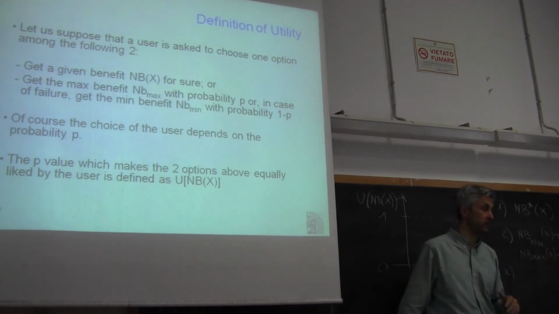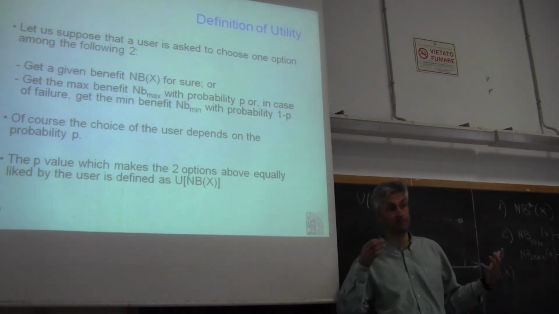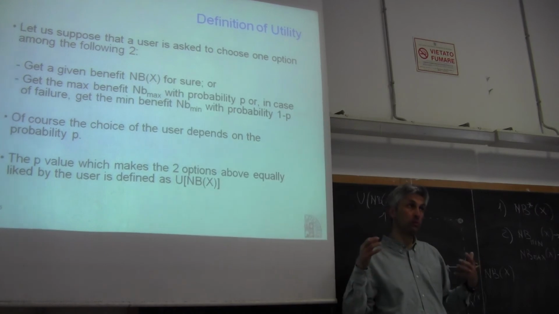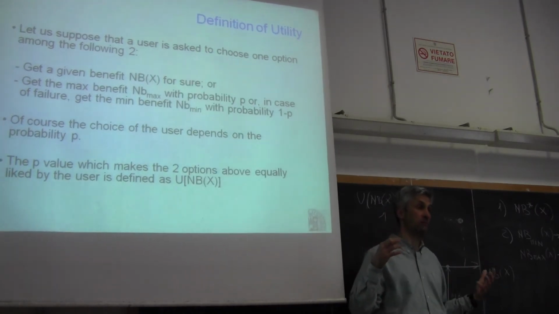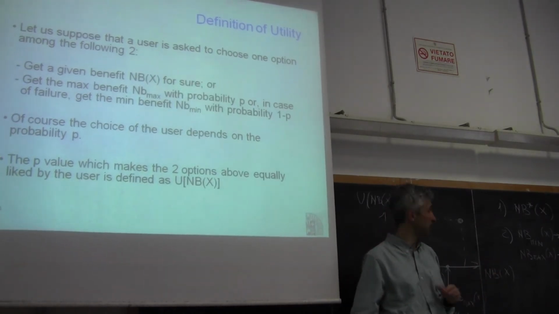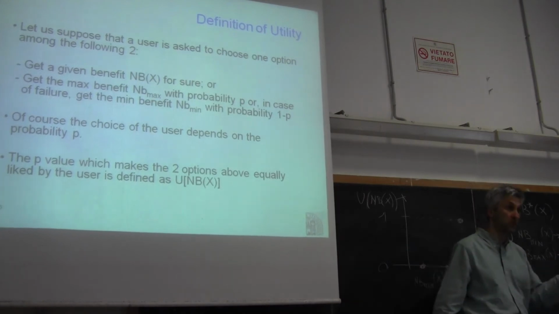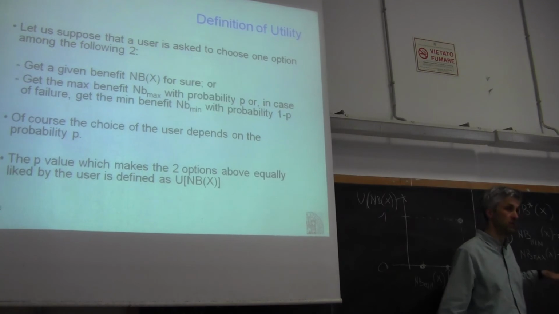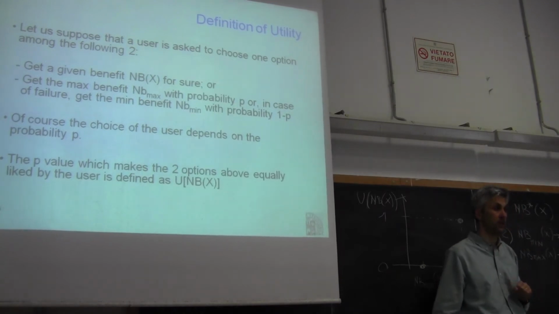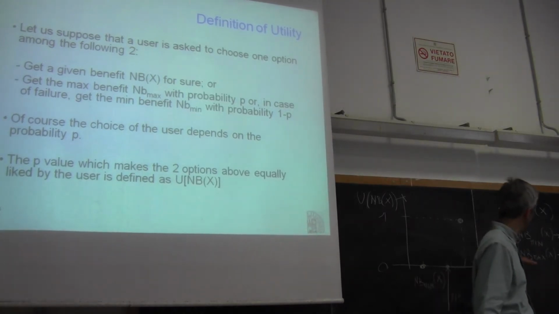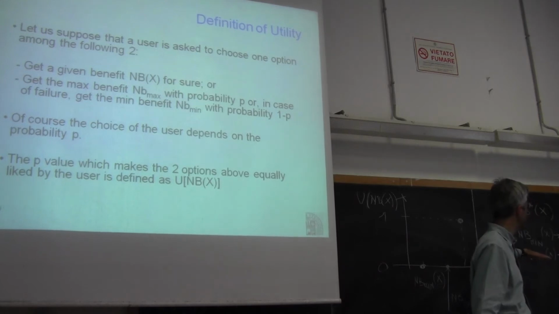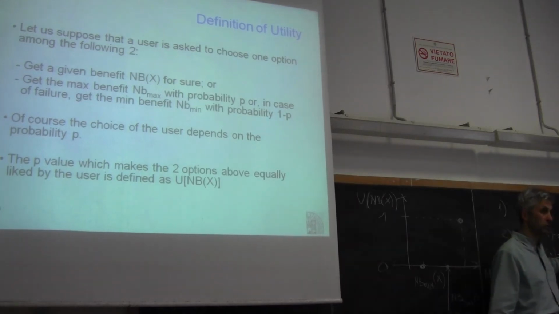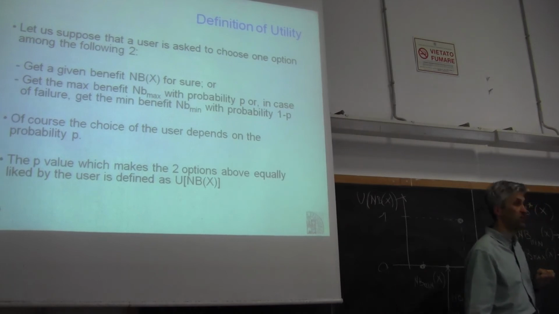This is similar to the example of the car. What would you do? You would evaluate the probability, and if the probability of getting the maximum is huge, then you would prefer the second alternative. Conversely, if the probability of getting the maximum is low, you would prefer a benefit for sure.